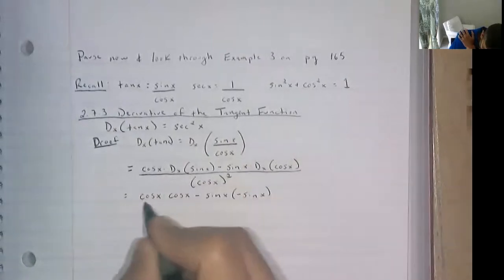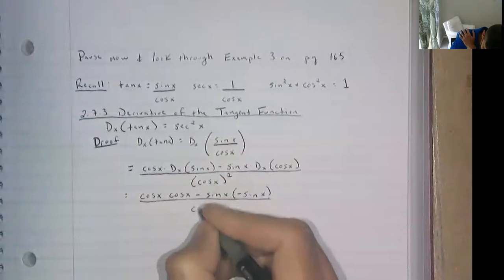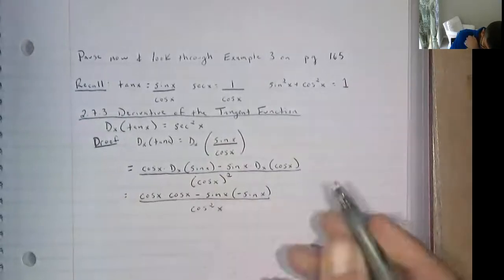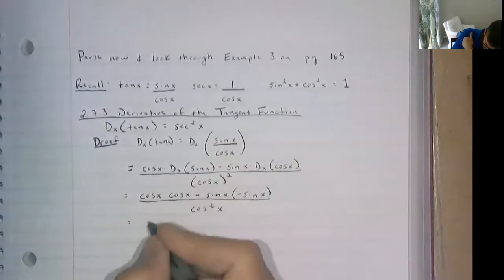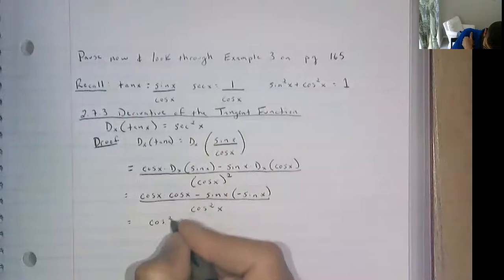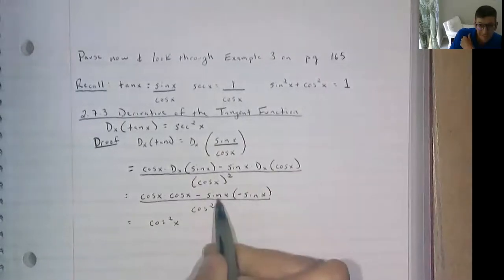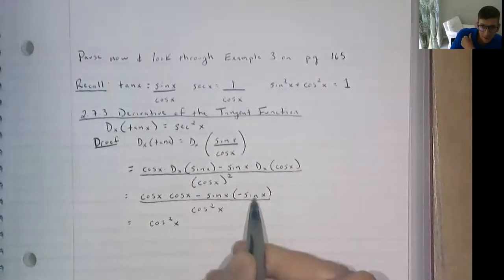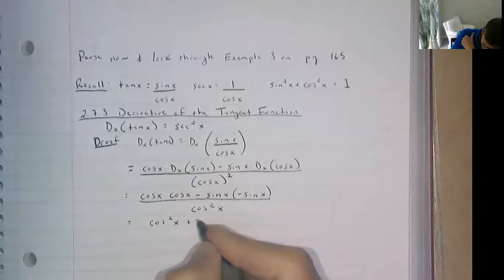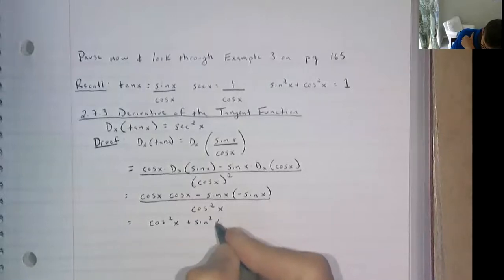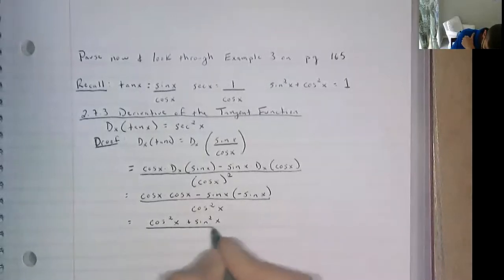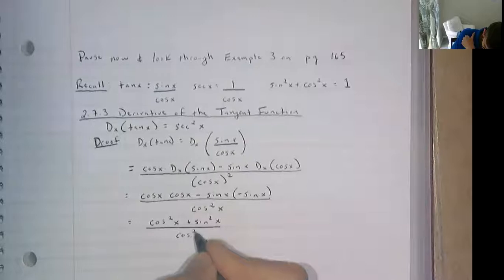This is just going to work out so nicely. This is cosine squared x. Up top, we get a cosine squared x. Negative sine times negative sine is positive sine squared, all over cosine squared x.